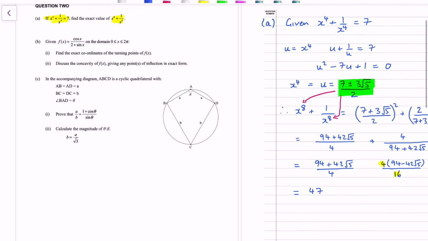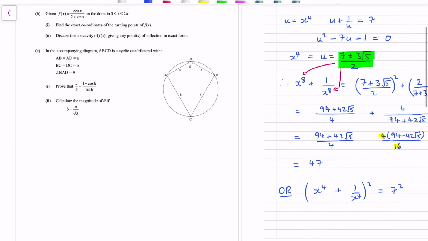So method 2, if you just take x to the 4 plus 1 over x to the 4, and we know that equals 7, if we square both sides of this, then expanding this is going to be x to the 8 plus 1 over x to the 8, but there's also the middle terms, x to the 4 times 1 over x to the 4 twice. So x to the 4 times 1 over x to the 4 is 1, we've got 2 lots of that, and that's 49, and then we just take away 2 from both sides, and our answer is the same as before.